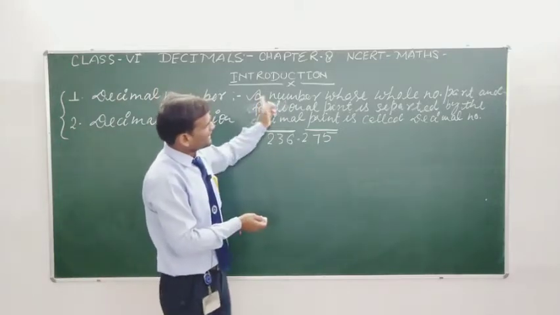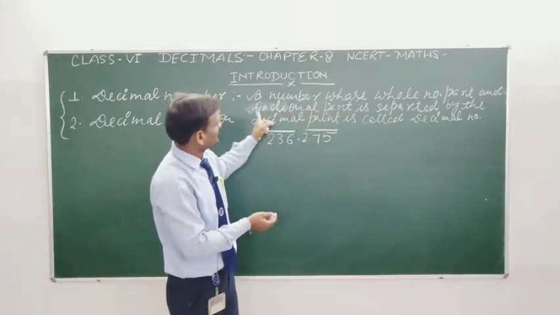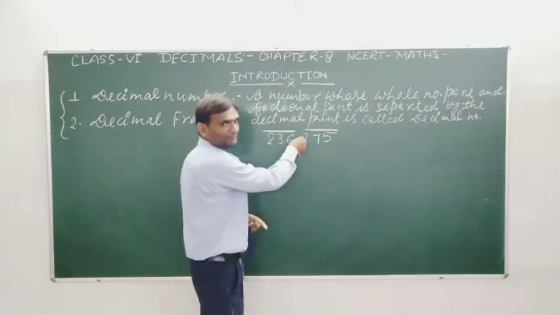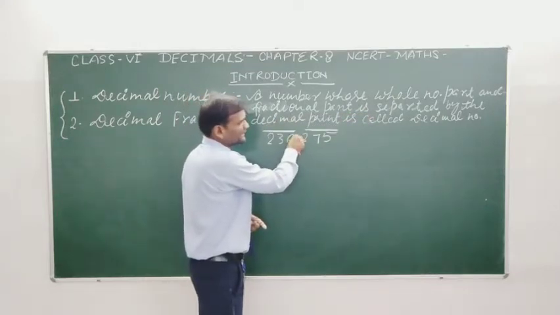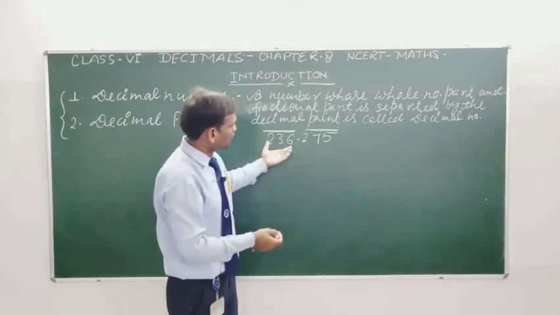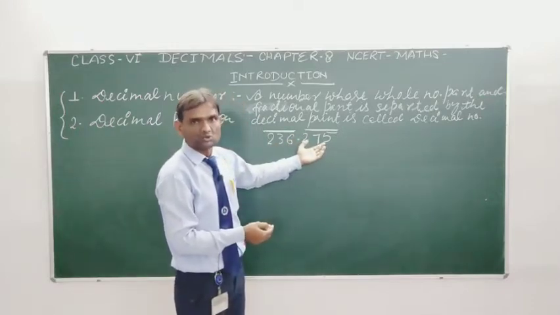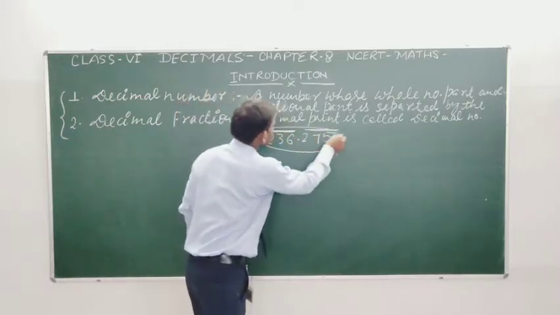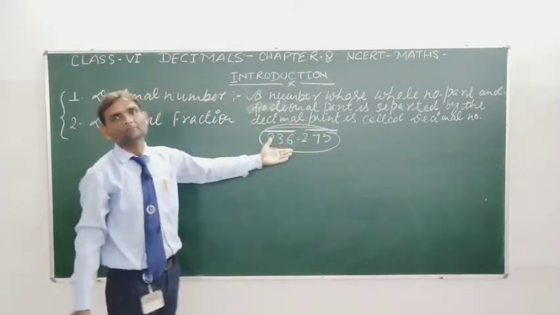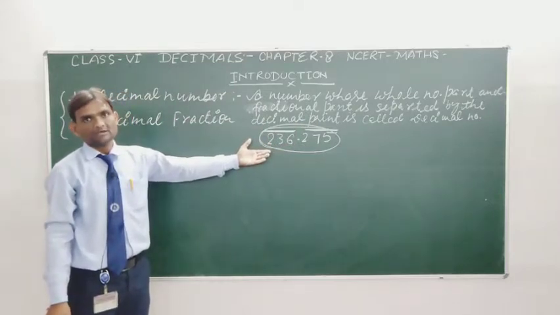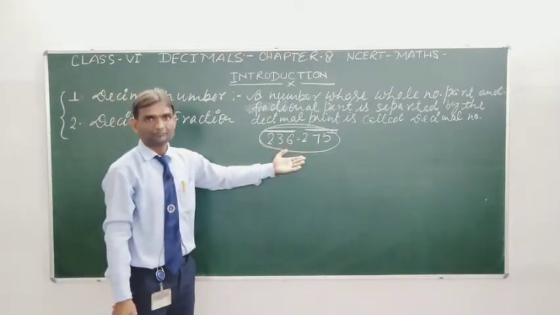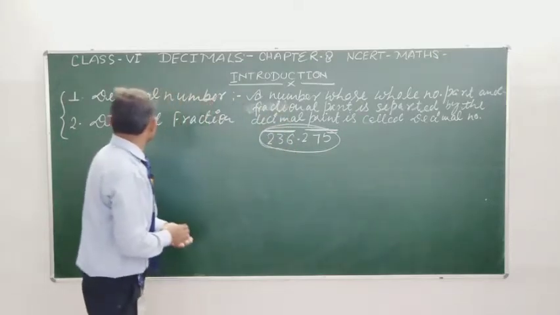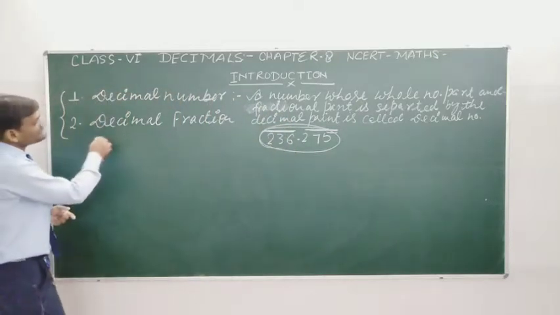So, student, a number whose whole number part and the fractional part is separated by the decimal point, by this point we are separating the whole number part and fractional part also. So, student, this is called decimal number. इसको डेसिमल नंबर बोलते हैं. I hope student you have understood about the decimal number. So come to the next topic, that is the decimal fraction, student.